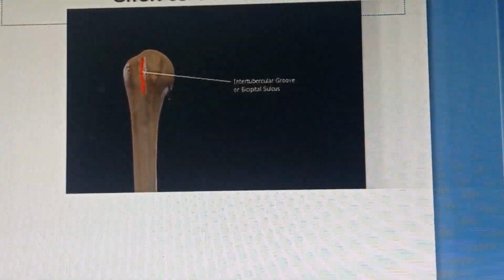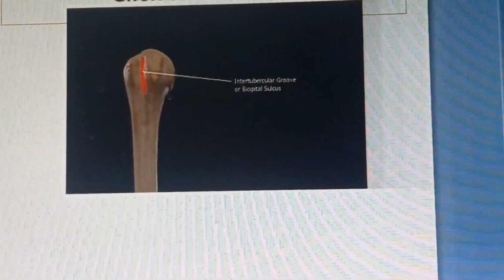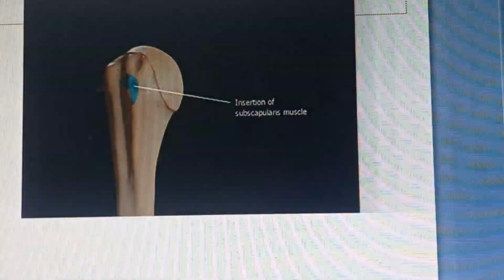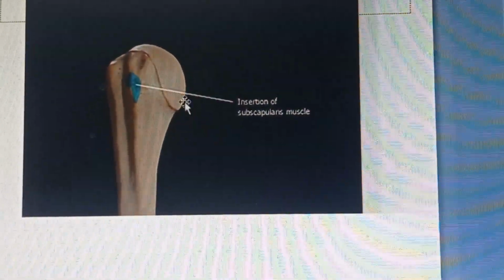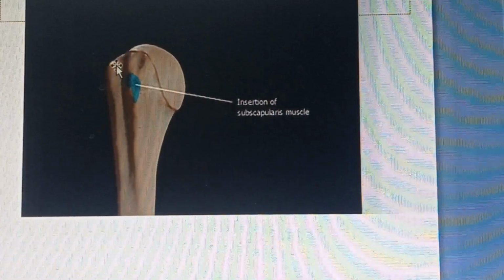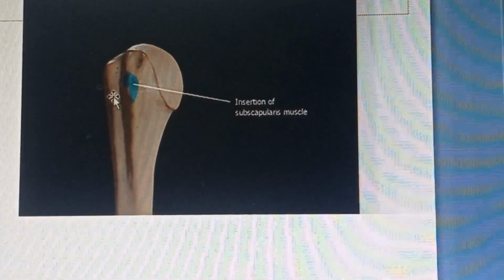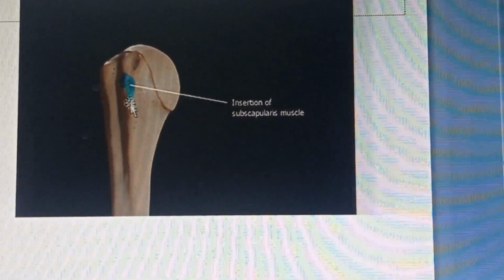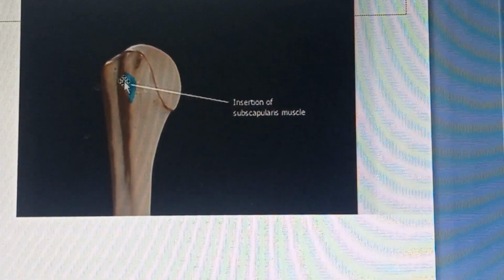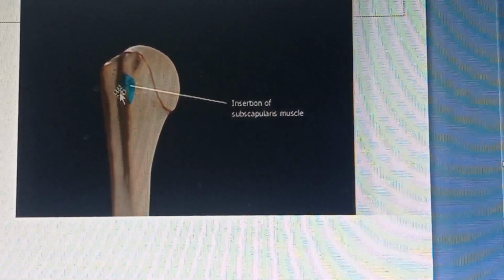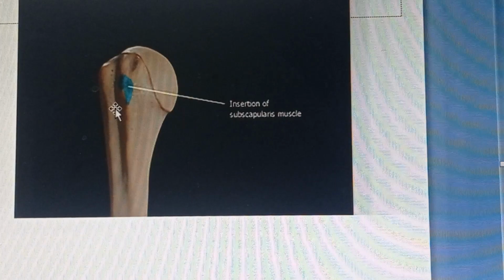So we have studied four landmarks at the proximal end: head of humerus, neck of humerus, greater tubercle, and lesser tubercle. These are for the attachment of different muscles, and they are separated by the bicipital groove, also called the intertubercular groove because it is present between the tubercles.